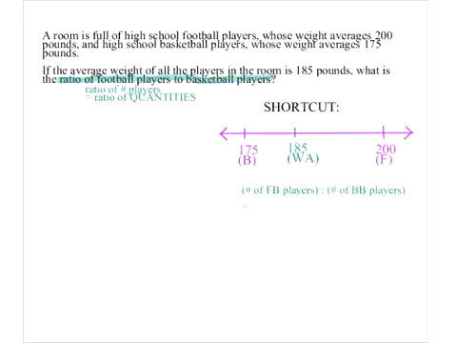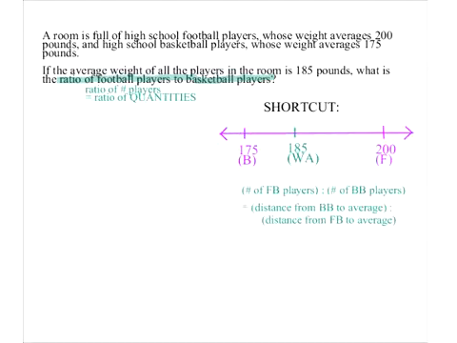So if we find these distances on the number line, it's just the distance from basketball to average to the distance from football to average. Because again, the ratio of the quantities is the same as the reciprocal of these distances. So here are our distances on the number line.